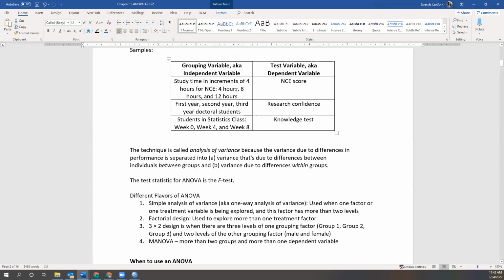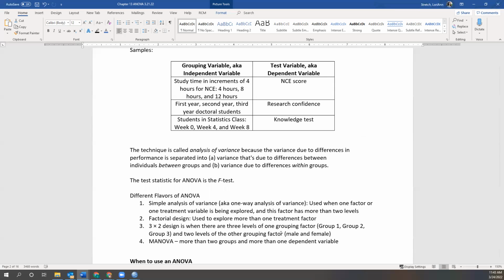And then at the end of either 4 hours, 8 hours, or 12 hours, they take the actual NCE and I look at their scores. I can look at the difference within groups for the people who studied 4 hours between their pre and post test. For the people who studied 8 hours, I can look at their pre and post, and I can look at the within group for the 12 hours pre and post.